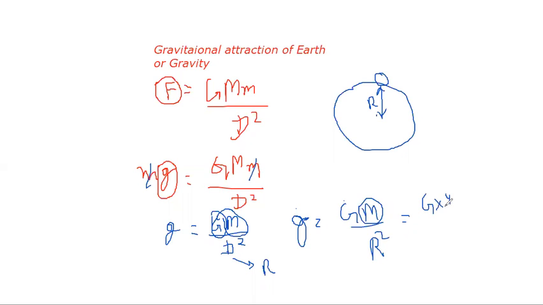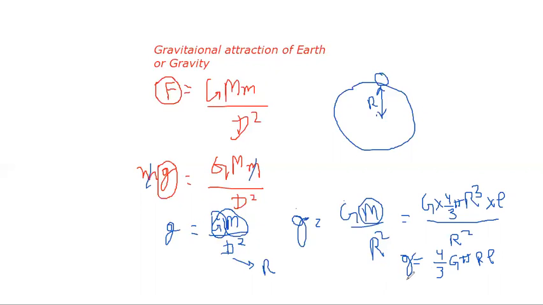Since Earth is taken as a sphere, the volume is 4 by 3 pi r cube, into rho, which is the density of the Earth, divided by r square. So finally the expression that we get is 4 by 3 capital G pi r into rho.